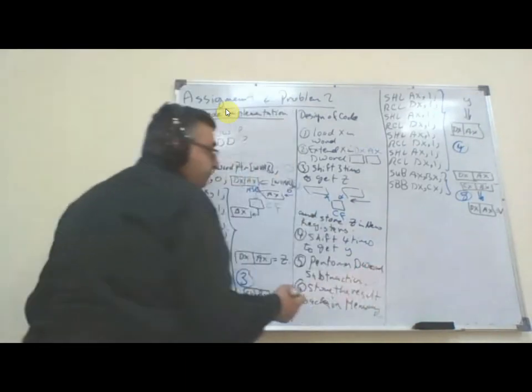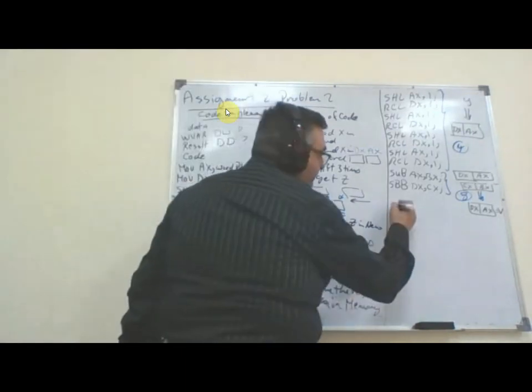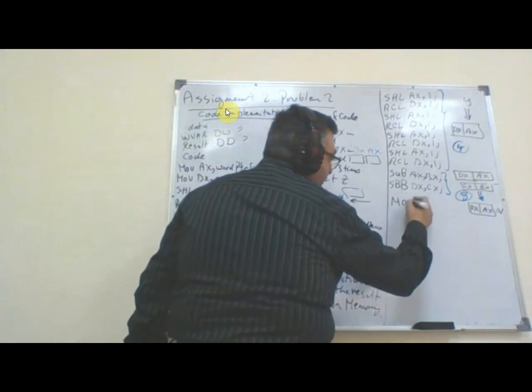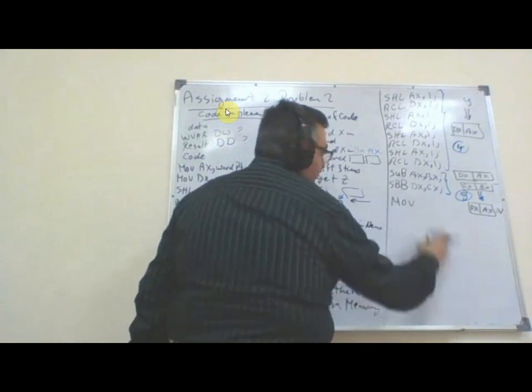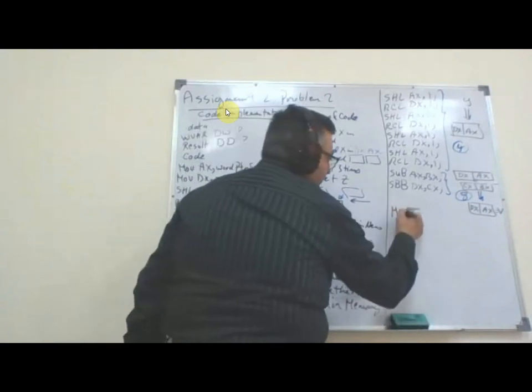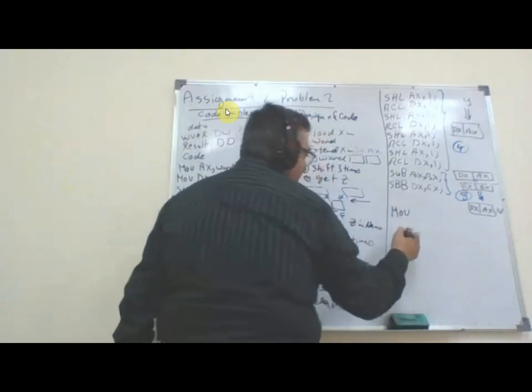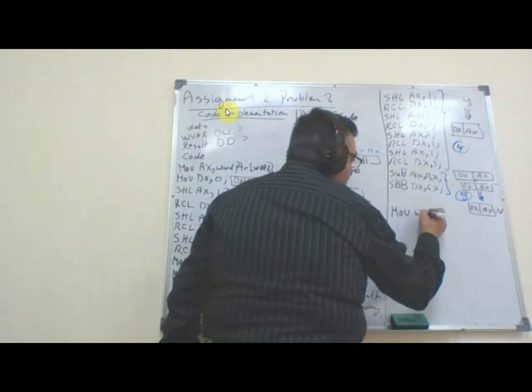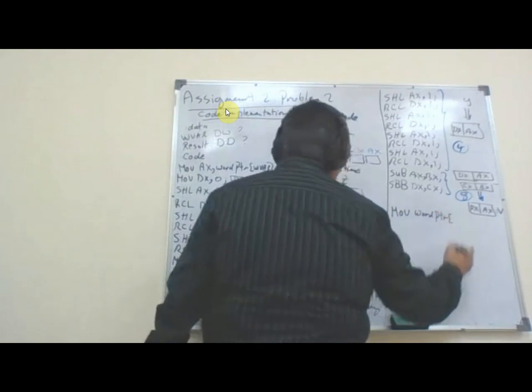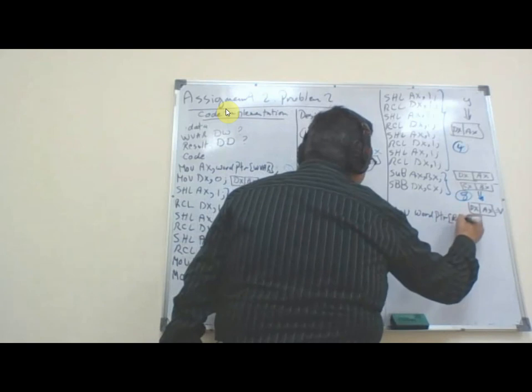So I have to move, let me just give myself space here for the last step. Move, in the memory, word ptr at result.